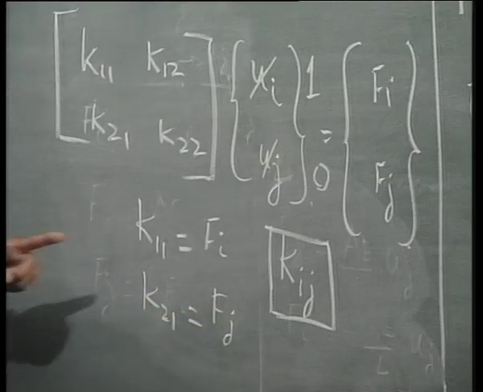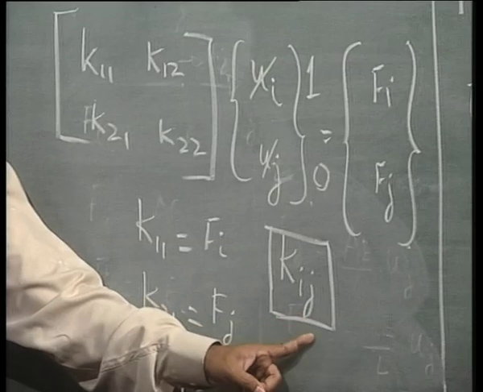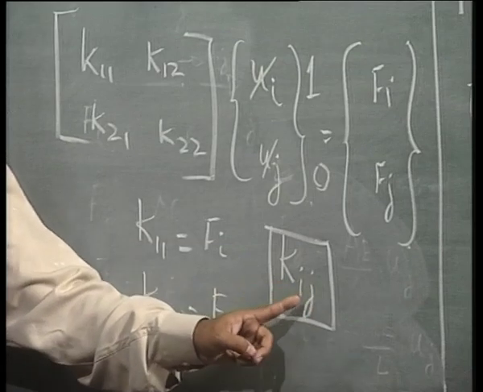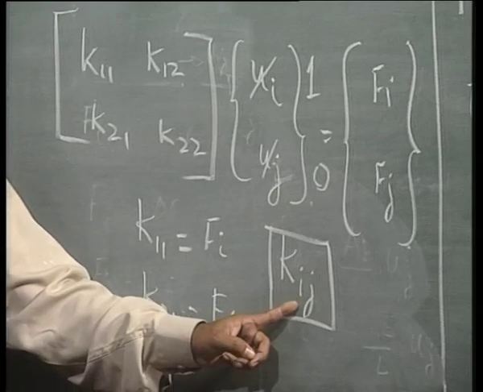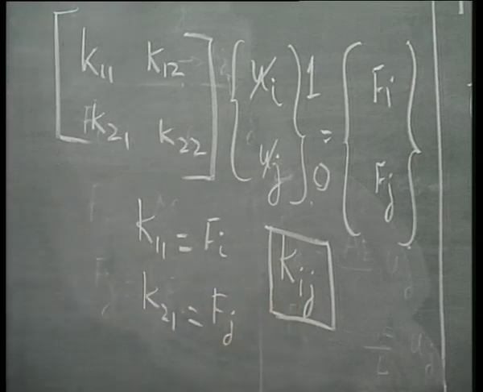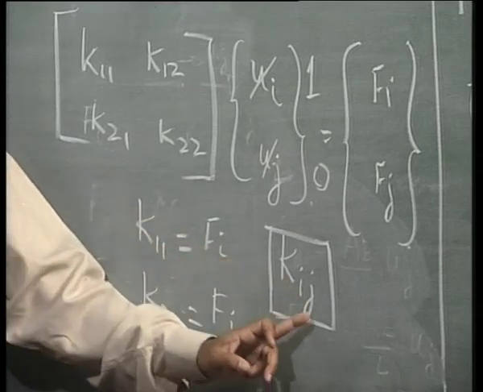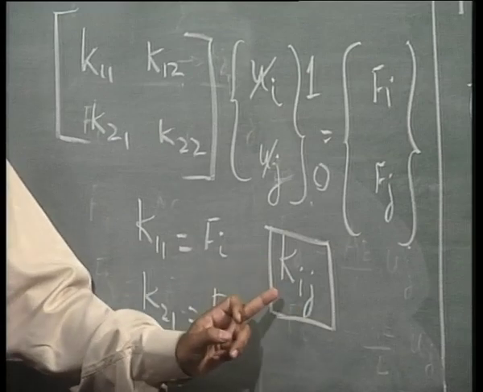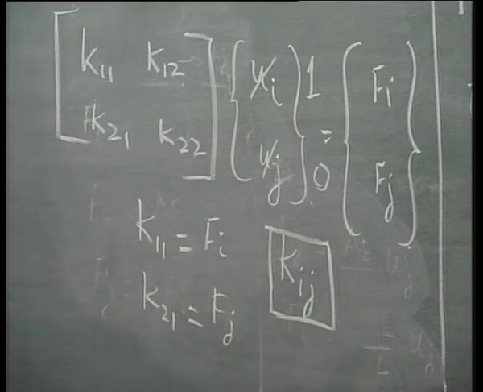So if there is a unit displacement at j, then Kij indicates the force that has to sit at i. So it is the force that is required to give a unit displacement at j, the force being measured at i, the force required at i for a unit displacement of j.